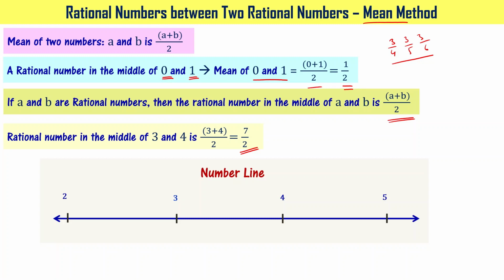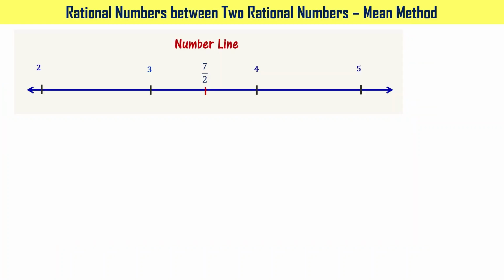I have marked 2, 3, 4, 5 only. 7 by 2 falls in the middle of 3 and 4. So if I mark a point exactly at the midpoint of 3 and 4, that is going to be 7 by 2. Got it? Let's take a note of this.